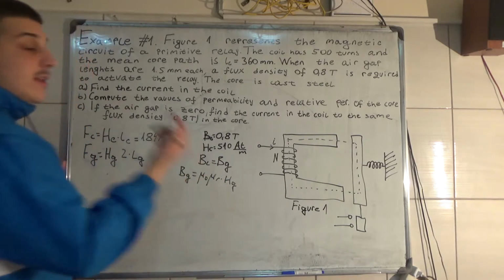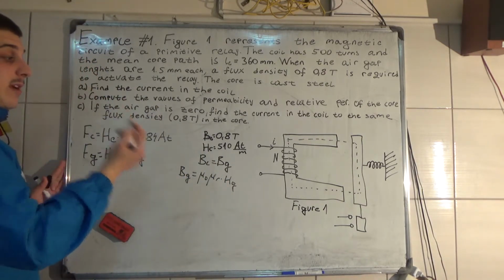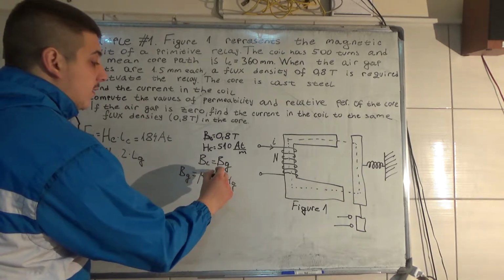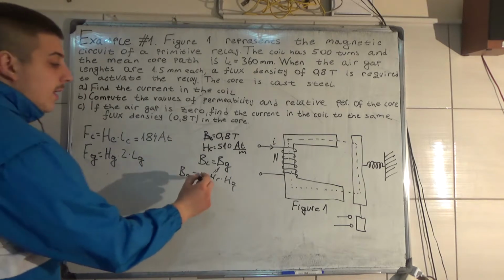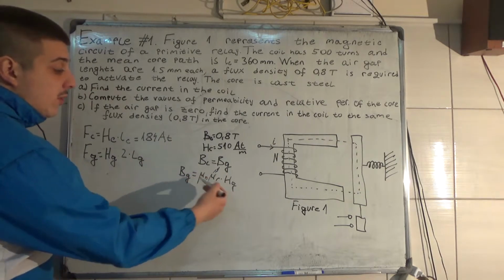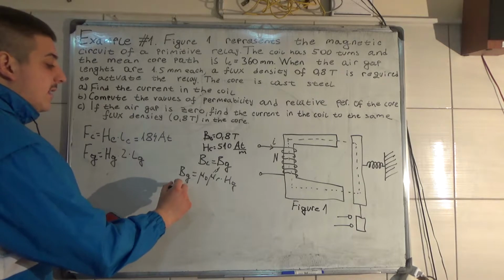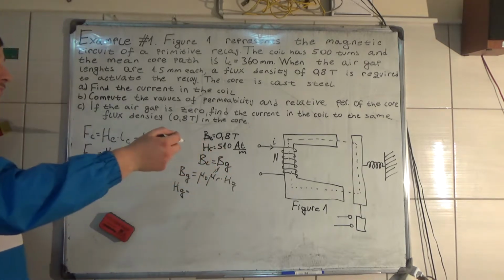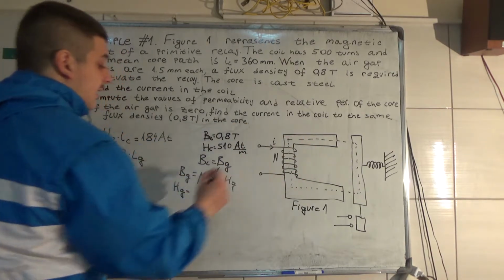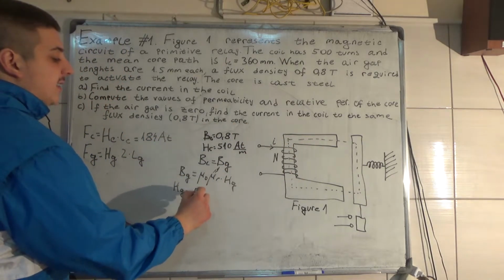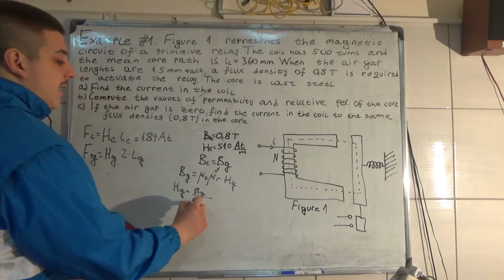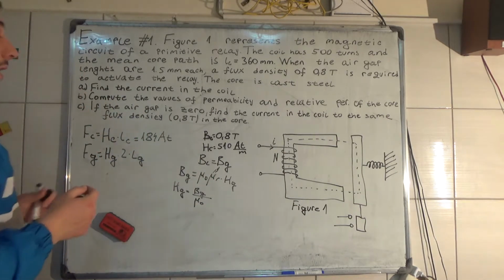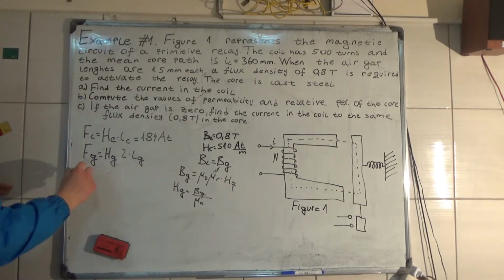Mu r, the relative permeability of the air, is equal to 1. So when I transfer mu 0 to the left side, you get that Hg, the magnetic field intensity, is equal to the magnetic flux density divided by mu 0 times 1, but I'm not going to write times 1.